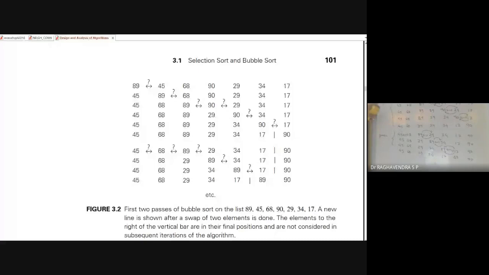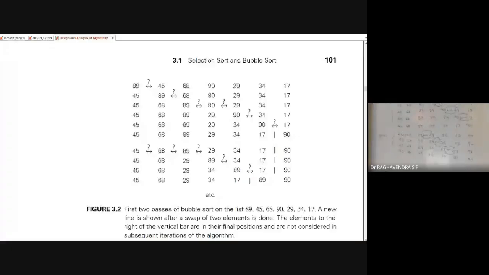Once again the last element, 89, has bubbled towards the end. In the next pass, 68 is going to bubble. In the next pass, 45 will bubble, then 34, then 29. Finally, 70 will come to the extreme left. This is how bubble sort works.